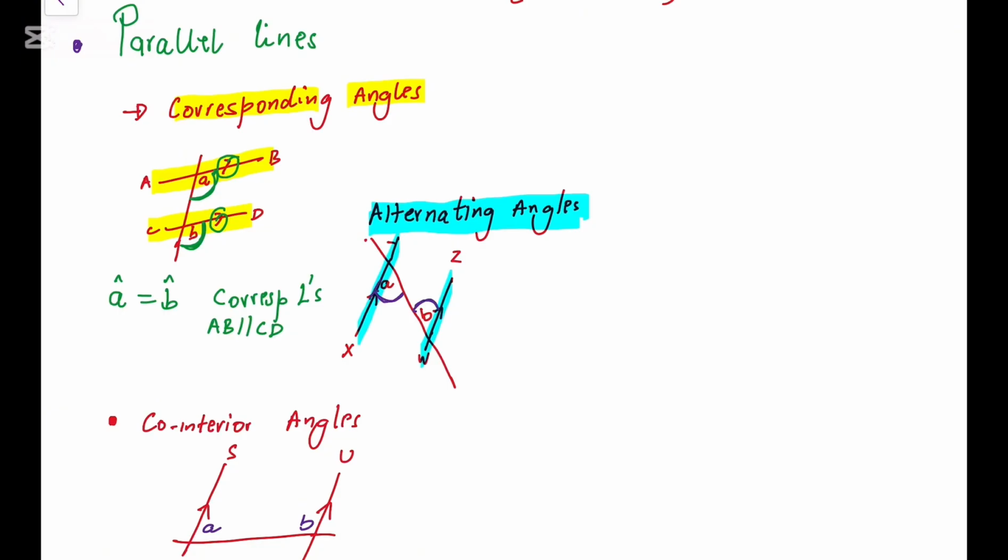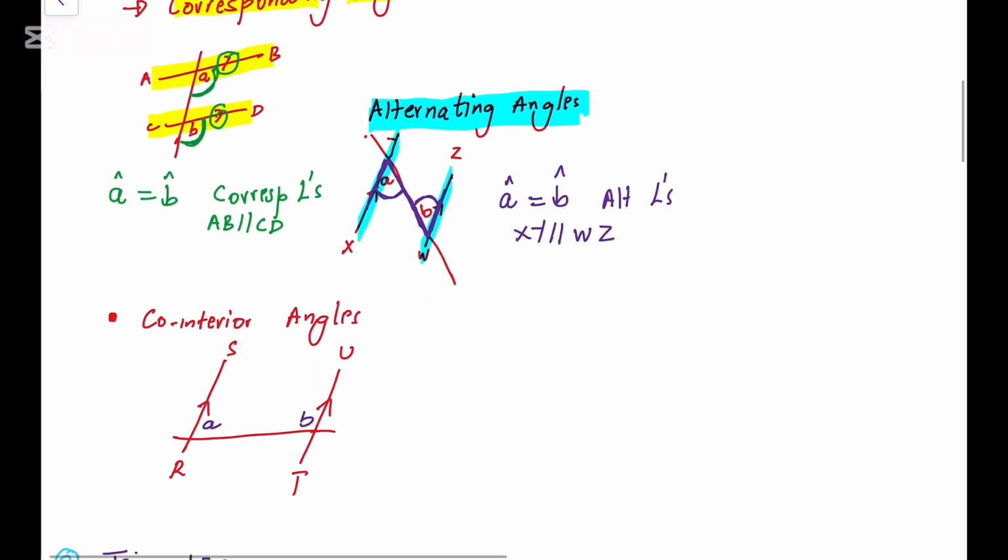You will see something like Z or N, and that is how you spot alternating angles. So A is equal to B even here. Why? These are alternating angles. But why are they alternating? Because line XY is parallel to WZ. You can't just say alternating angles without mentioning lines that are parallel.